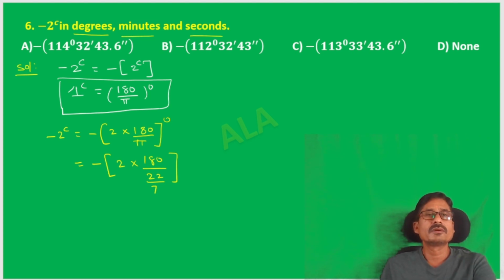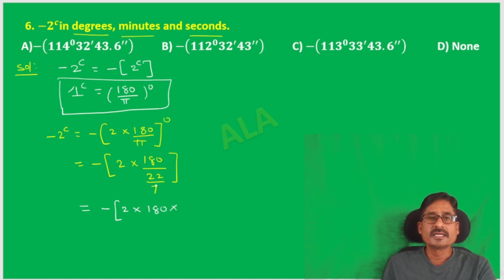Now this value we write like this, minus of 2 into 180, and this fraction goes to the numerator, that fraction is reversed, 7 by 22.